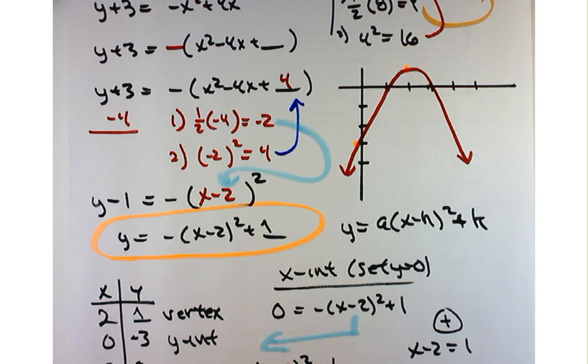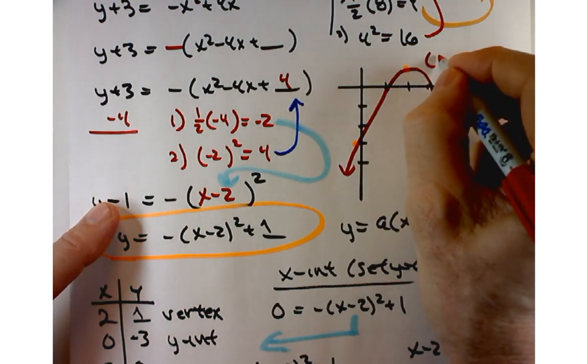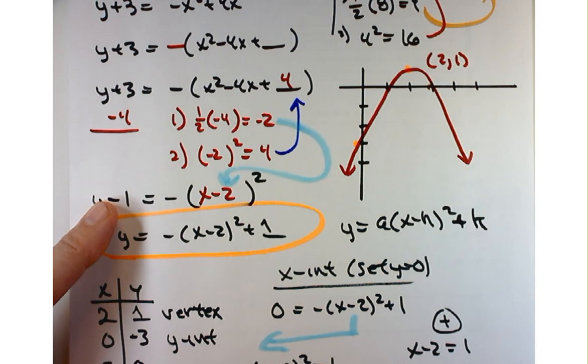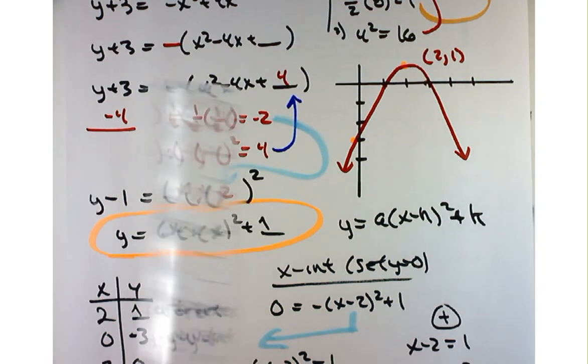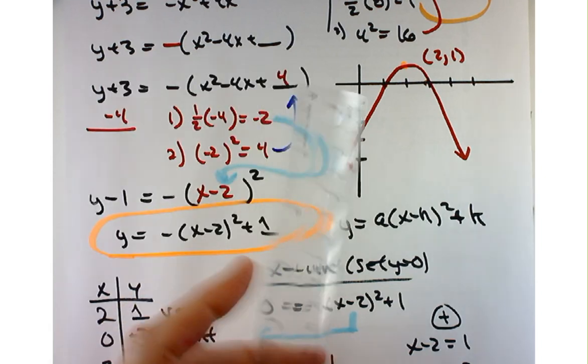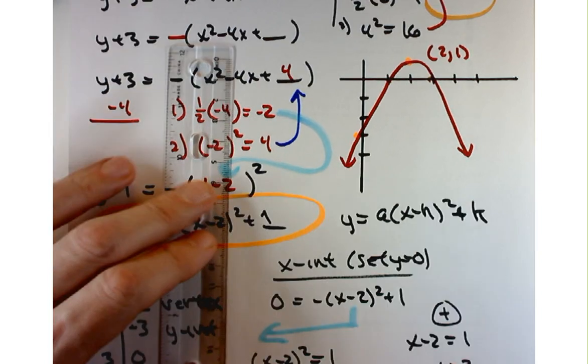There's a few other things I can ask you for on this problem. So this is the point 2 and 1. There's something interesting about the graph of a parabola, and that is they have a line of symmetry or an axis of symmetry. So in this case, your axis of symmetry is the line that goes through the vertex.